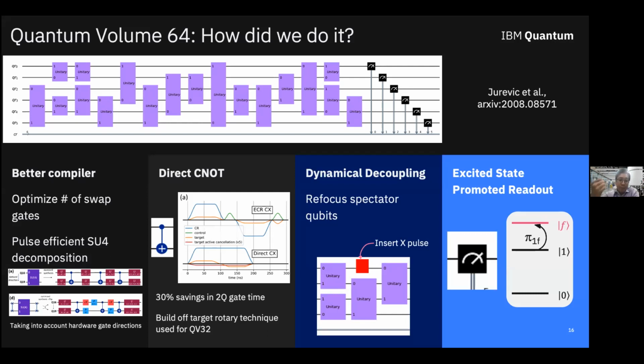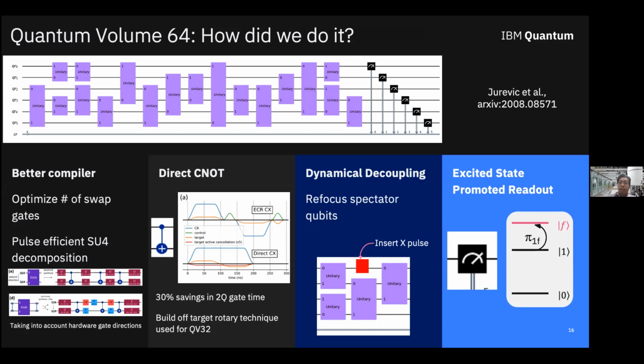So from a better compiler, right, and the underlying how the various gates, random unitaries are broken down into pulses on the actual physical hardware, to pulse shaping of the actual 2-qubit gates to reduce the total amount of 2-qubit gate time, to adding in things like dynamical decoupling, where we refocus idling qubits, spectator qubits that are not participating in a particular time step, to then also even improving the fidelity by which we can read out the states by actually using a higher excited state of the transmon qubits in what we call ESP readout.